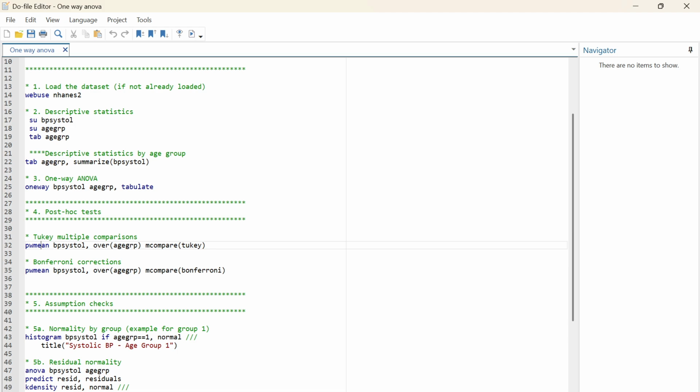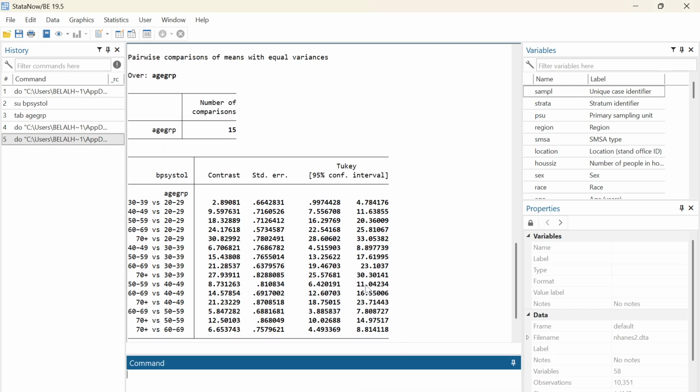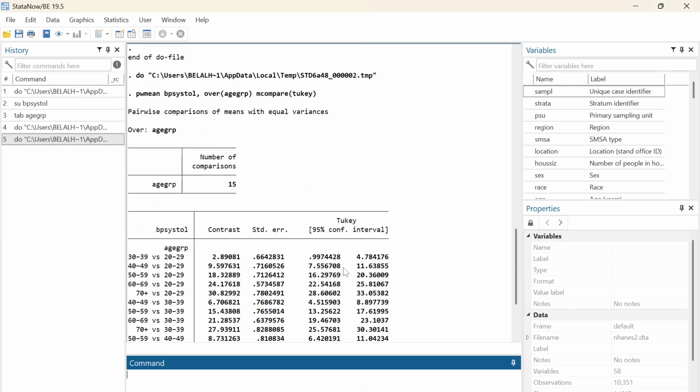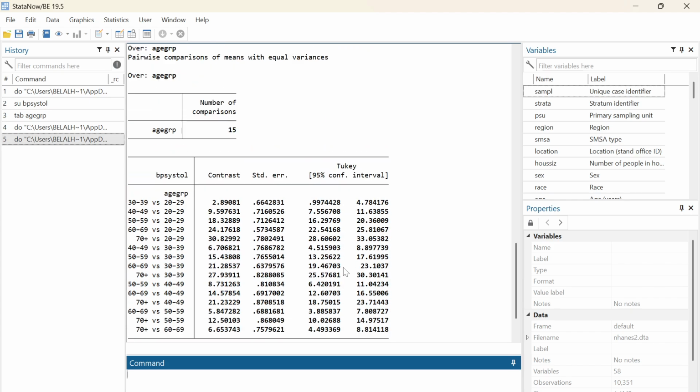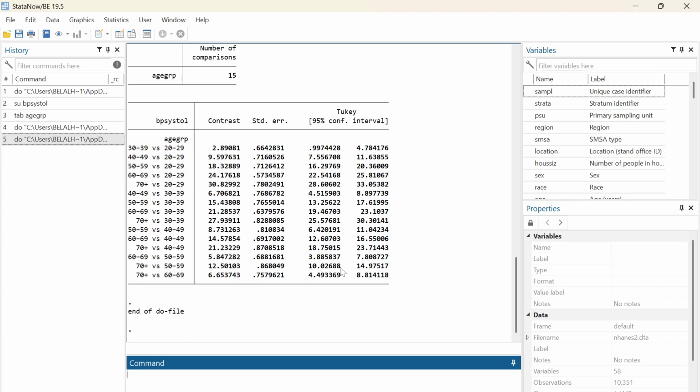So you use the outcome variable first, then comma and over age groups, and then we select this and execute this selection. And you can see the Tukey post hoc test, and we'll now understand which group is significantly different from the other group.